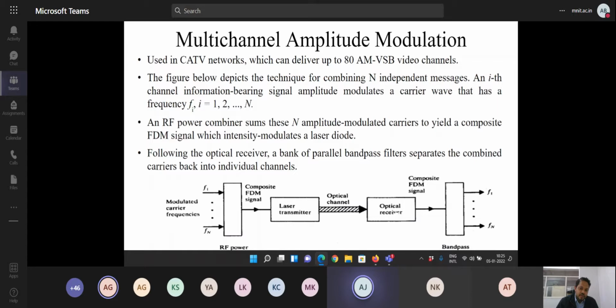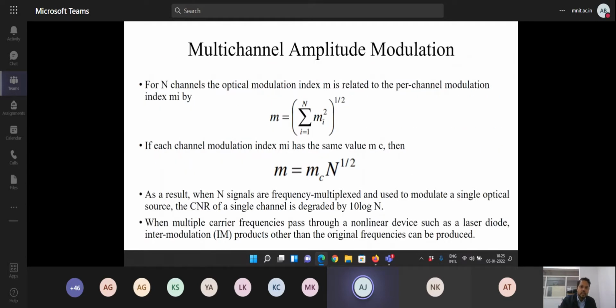This is the basic structure of how multiple channels were propagated over the optical channel. So this is about the modulation index for different channels and the combined modulation index.